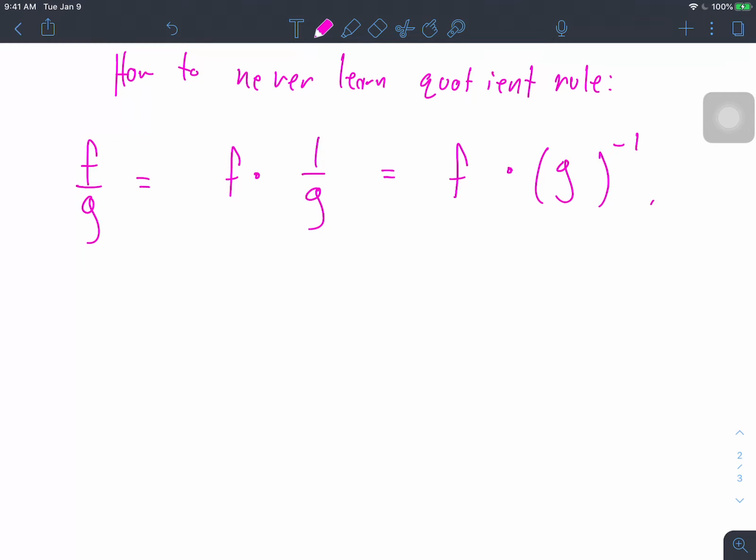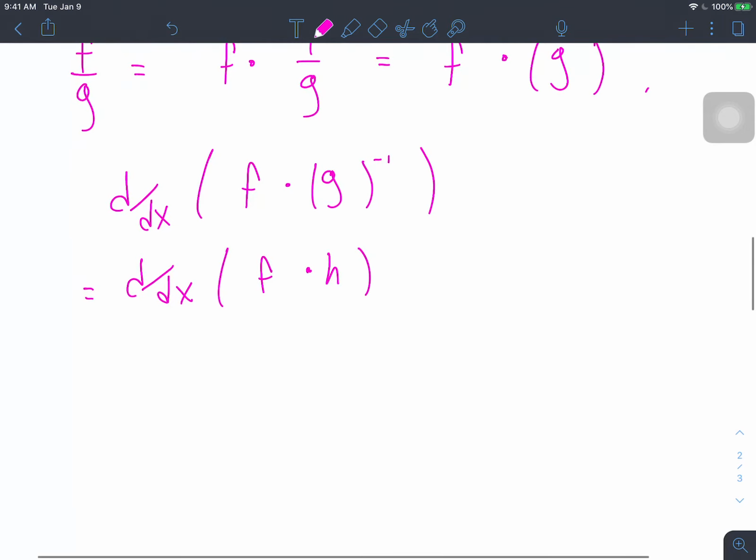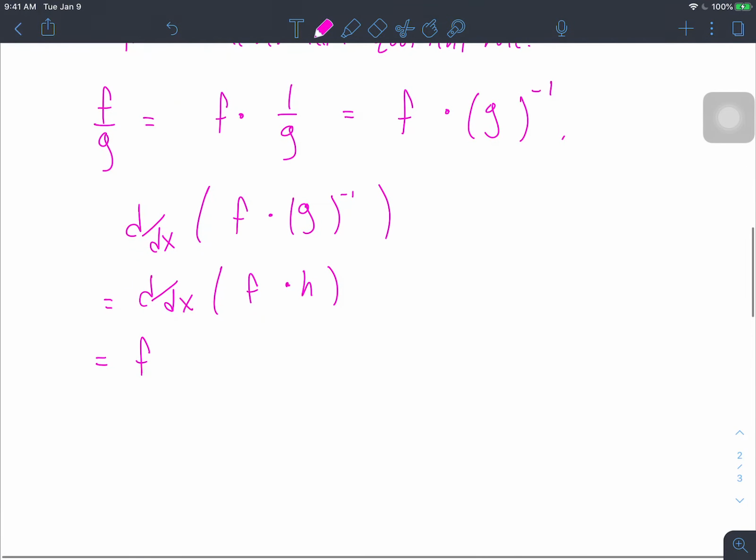So, if we wanted to do the derivative of f times g to the negative first power, we could treat this as the derivative of a product of functions, f and h, where f is just f and h is g to the negative first power. Well, the derivative of a product would just be, how did we write it? Which one did we write first? Can't remember. F prime g. So f prime times h plus f times h prime. That's what we would get.